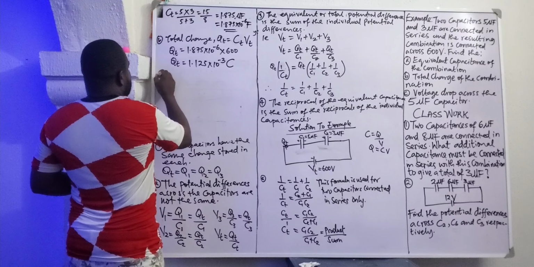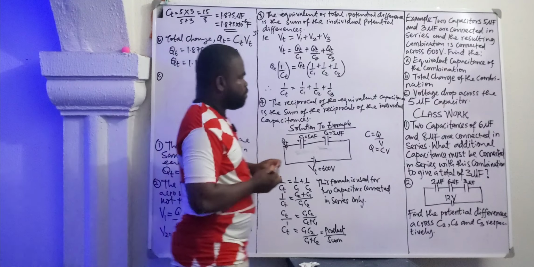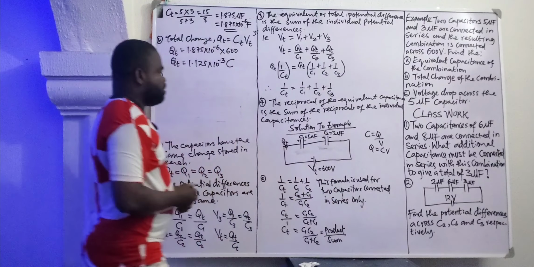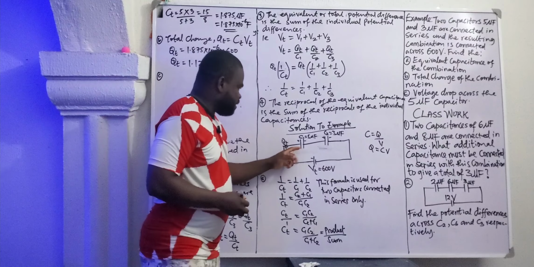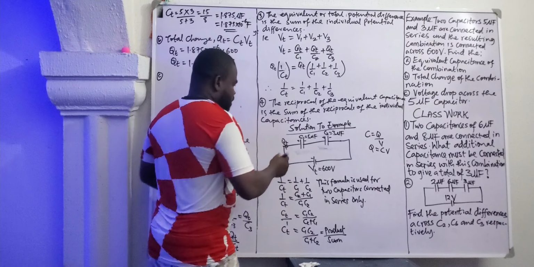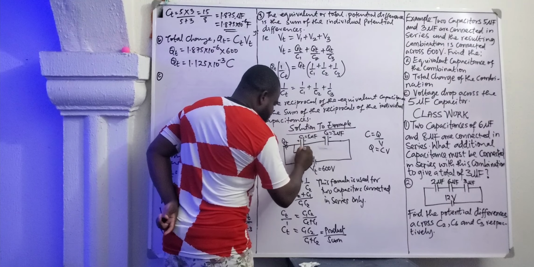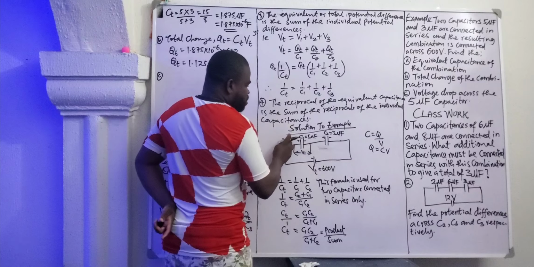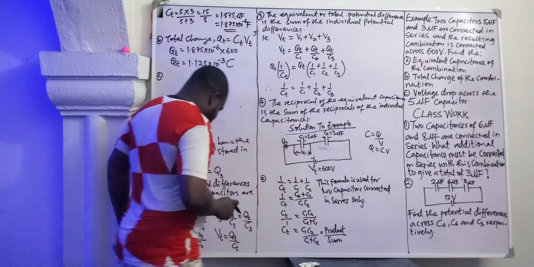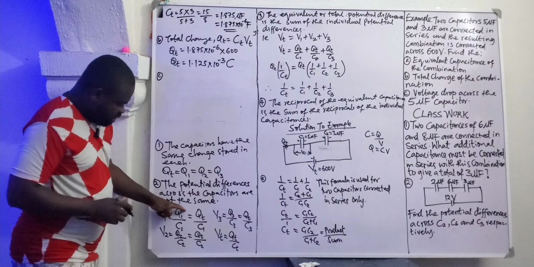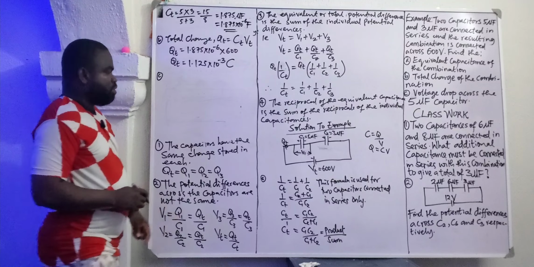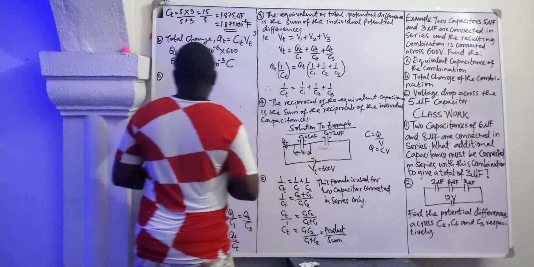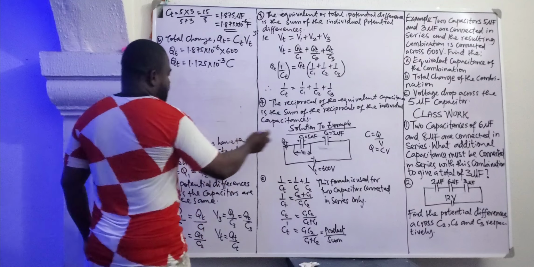So we are asked to look for what? To look for the voltage drop across the 5 microfarad capacitor. That's the voltage drop across C1, which is V1. So to get V1, it will be the total charge divided by the capacitance of the capacitor at that position, that's C1.